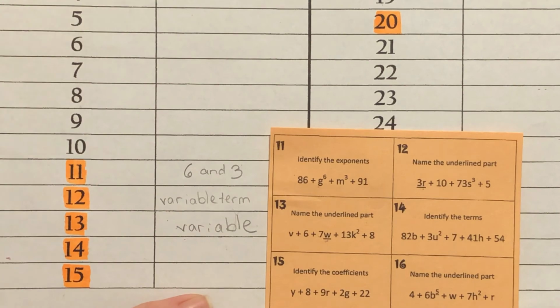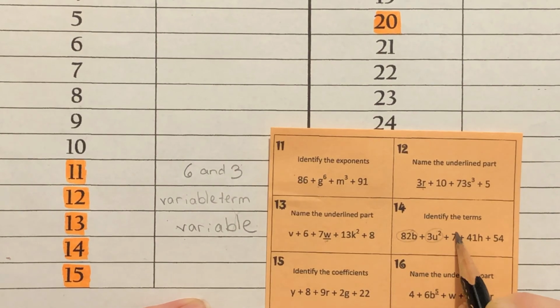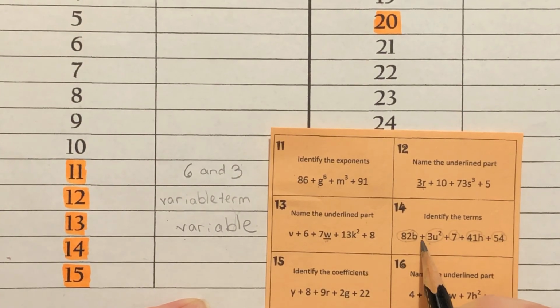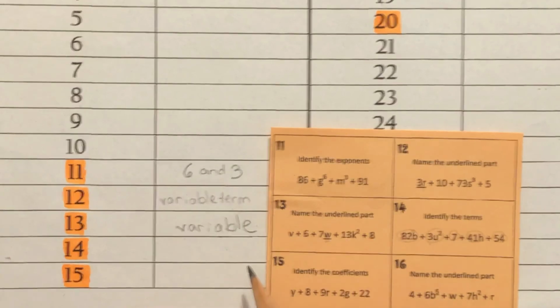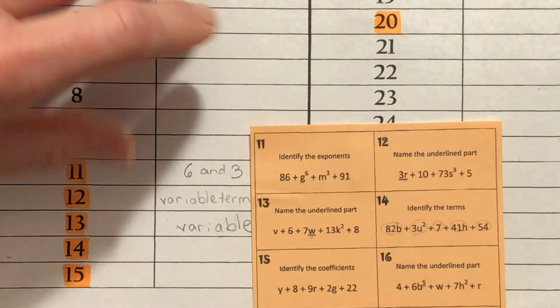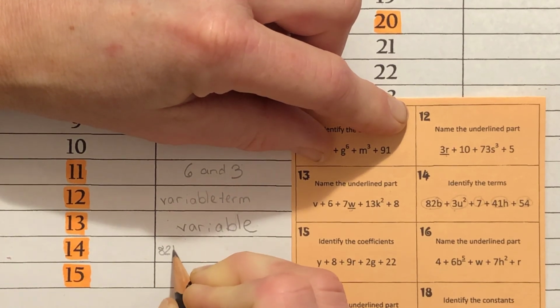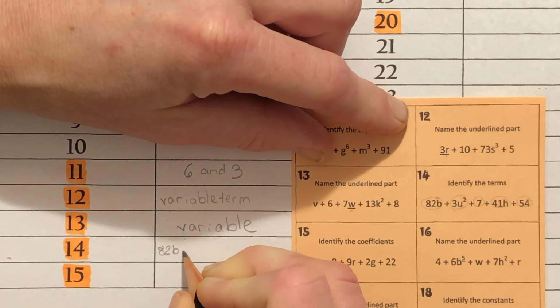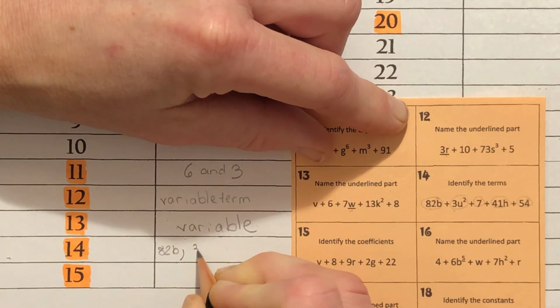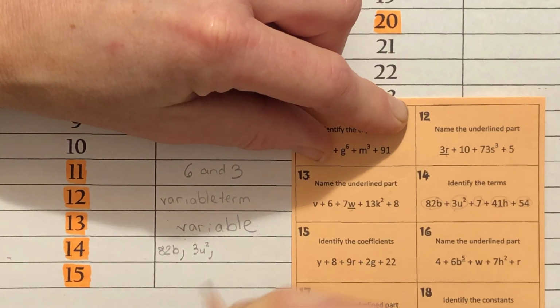Number 14, identify the terms. So all the terms are the things that are added or subtracted. And they distinctly stand apart by the addition symbols. You can also have subtraction, but anyhow, I will make a list of all of these. So we have 82b, I'm going to put a comma between each of them to separate them. 3u squared, comma, maybe a little bigger than it should be.